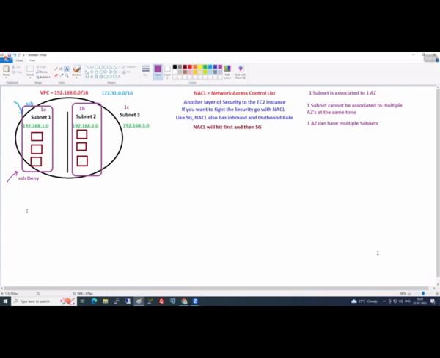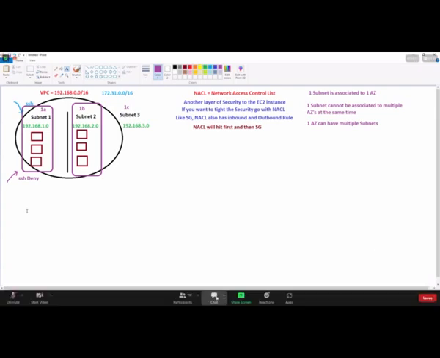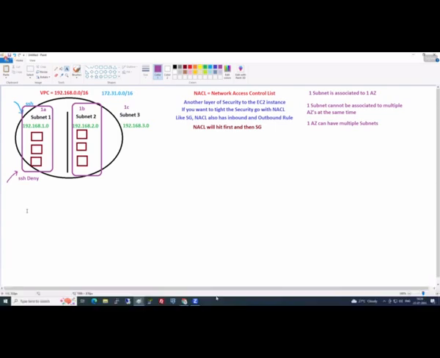These security groups are which level? EC2 instance level. NACLs are subnet level. So your home is your VPC, no? And in your home you have, let's say, 10 bedrooms. A thief came inside and you want to secure your bedrooms.